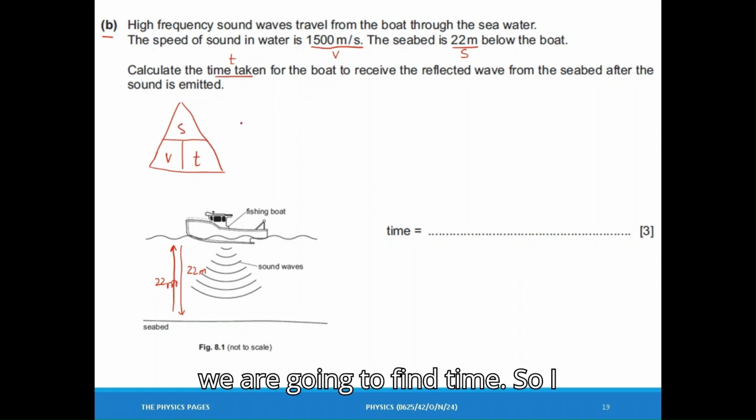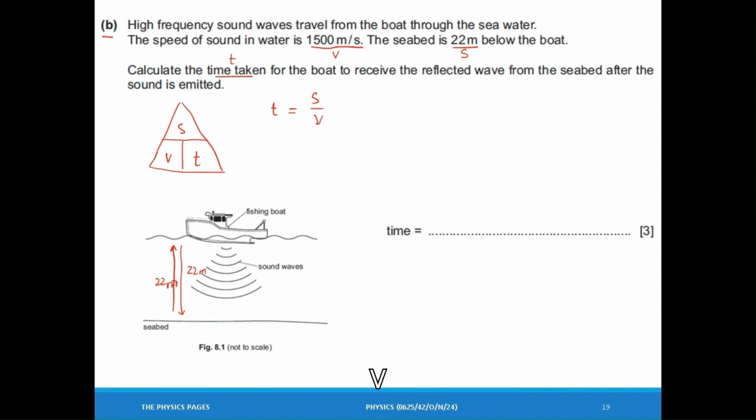Here we are going to find the time taken, t, which is equal to the distance s divided by speed v. Now, substituting the values, the total distance is 44 meters divided by the speed, that is 1,500 meters per second.